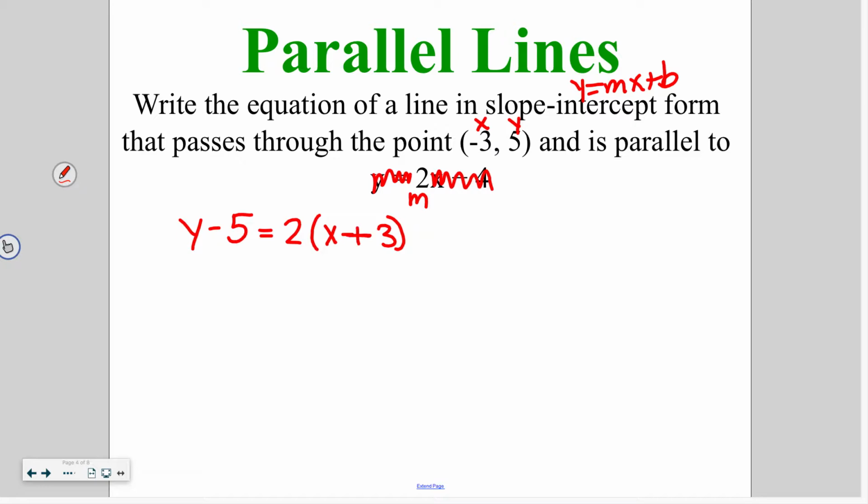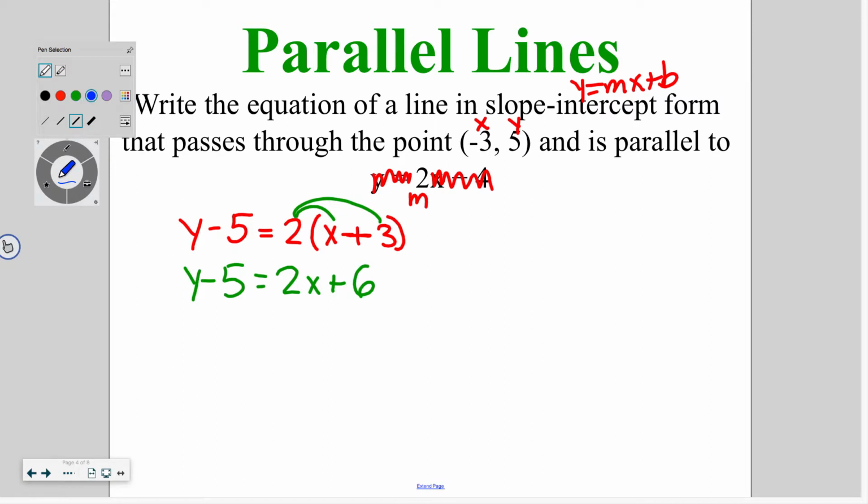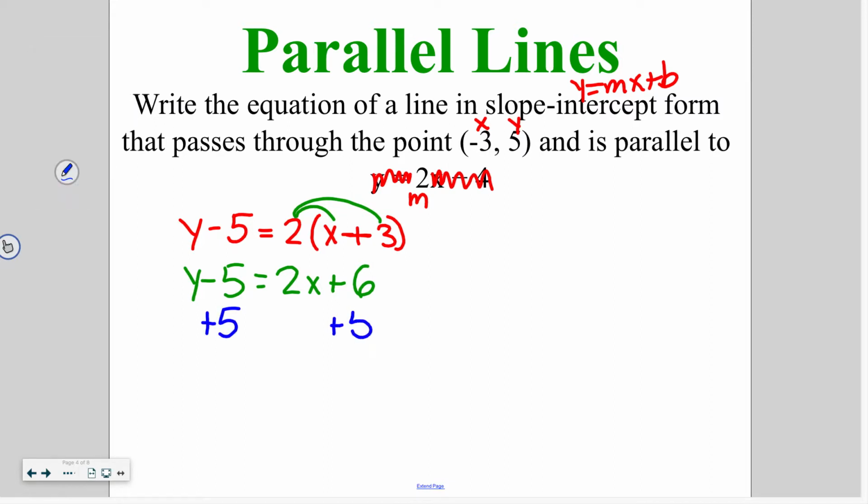Then we're going to use that information from the 4.3 day 2 video, and I'm going to convert, saying y minus 5 is equal to 2x plus 6. Then in order to get into slope-intercept form, I'm going to add 5 to both sides of the equation, giving me y is equal to 2x plus 11.